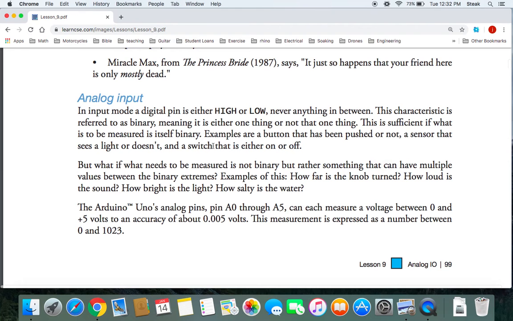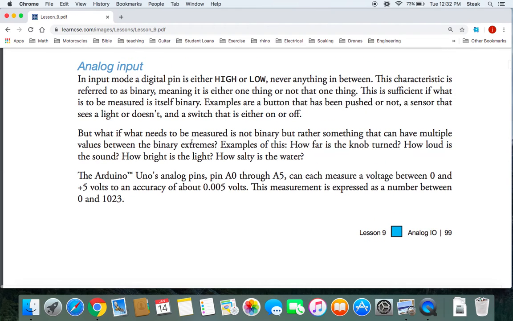Either a sensor sees light or it doesn't. But what if it needs to be measured not in binary, but something that can have multiple values between the binary extremes? For example, how far the knob is turned, how loud is the sound, how bright is the light, or how salty is the water.